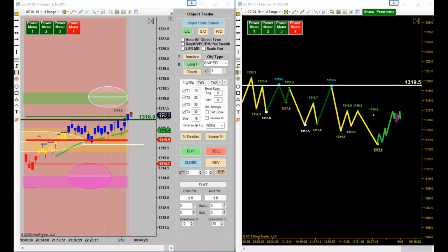So what we're going to do is wait for this trade. Let's do 1 contract for right now. We're touch +1. Going about 30 times, so hopefully this isn't too fast.